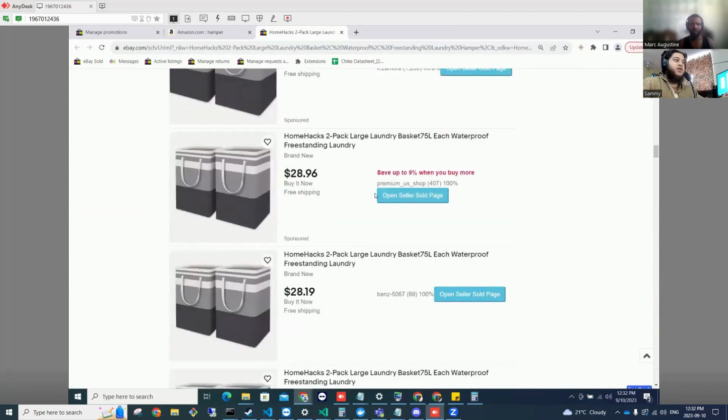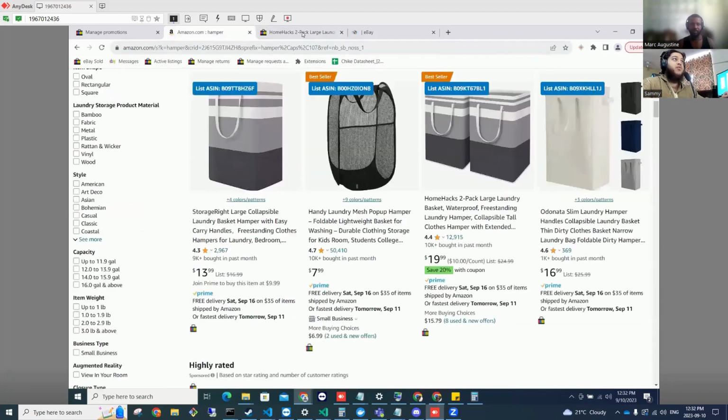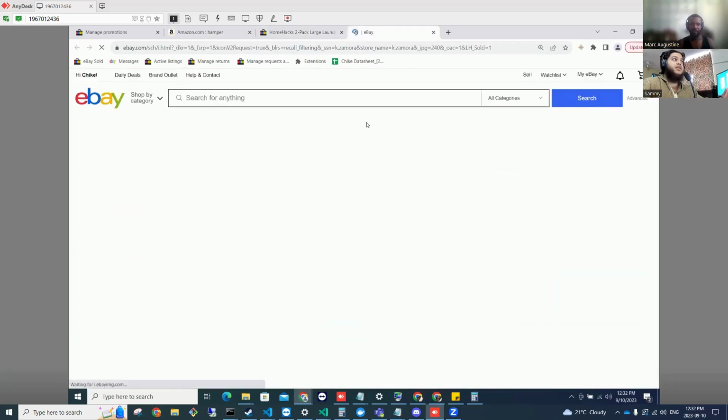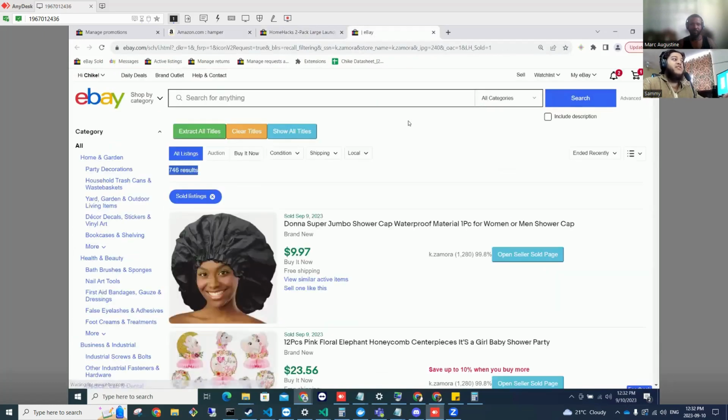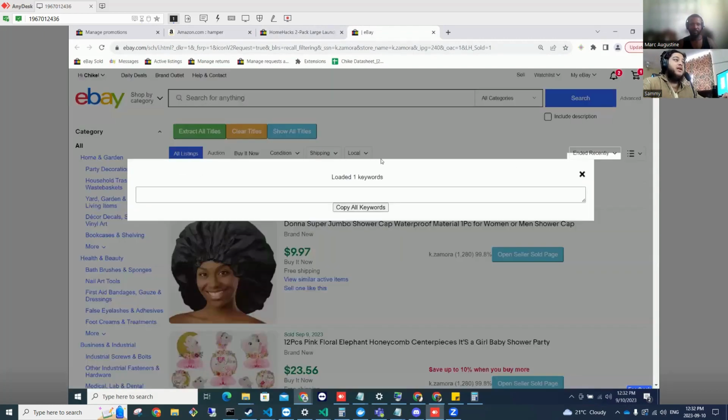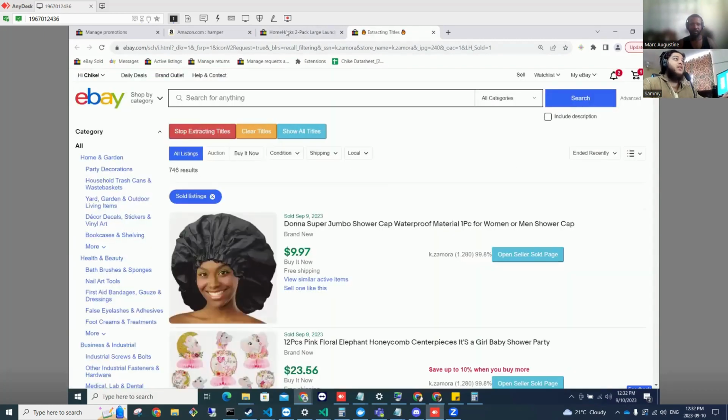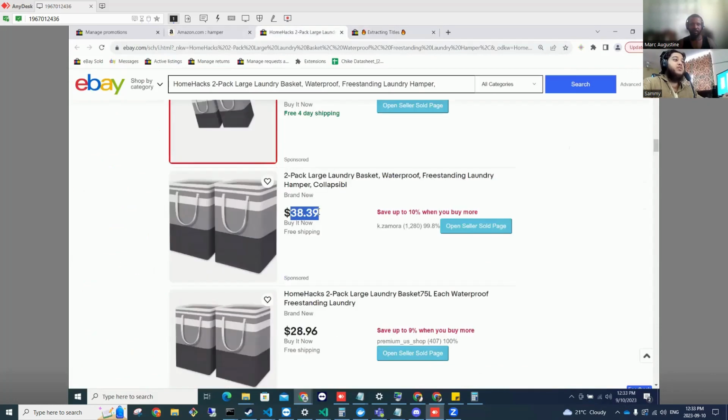I feel like his margins are very good. He is marking up the price by almost 100%, similar to us. And he has 746 items, right? So let's stick with this guy and extract it. My mentality was, because he is marking up the price by literally 100%, I'm assuming all of his items are marked up by 100% as well.